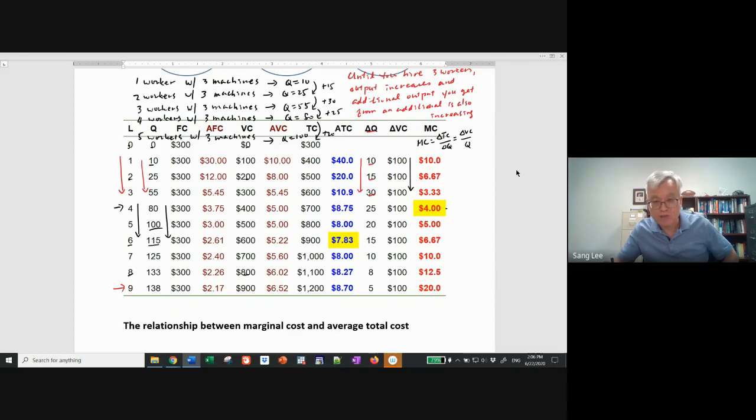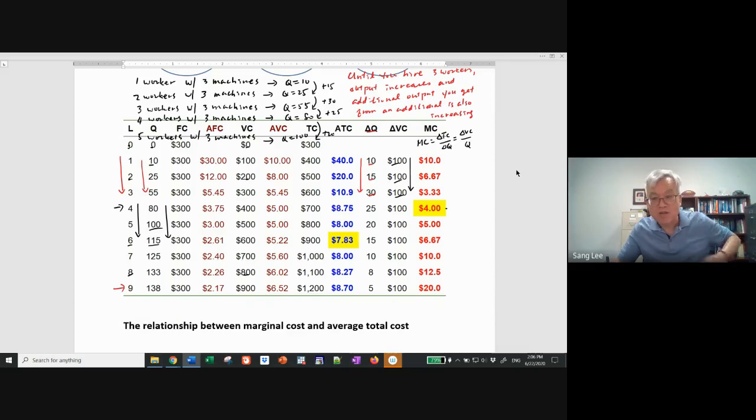But the change in output is first increasing faster, and then increasing by a smaller and smaller amount. So that's why marginal cost is... Here, whenever you hire one more worker by spending another $100, the additional output you get is increasing.